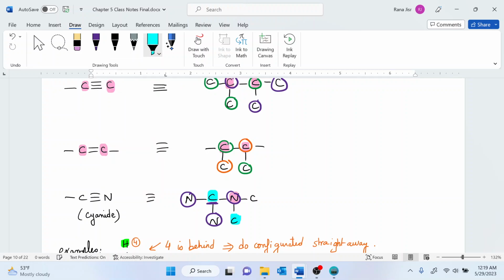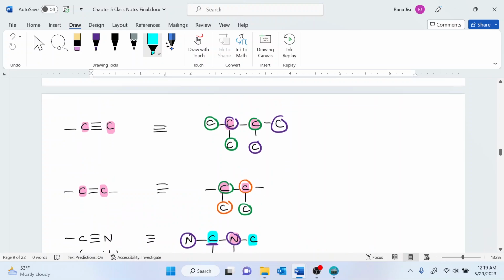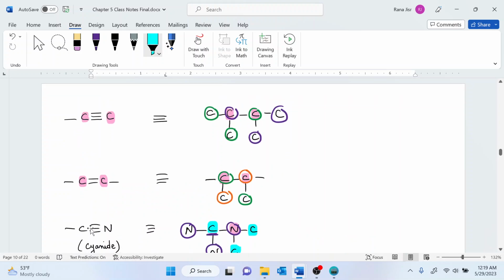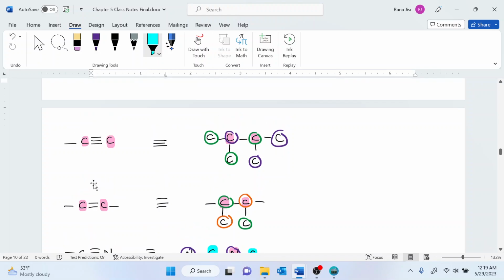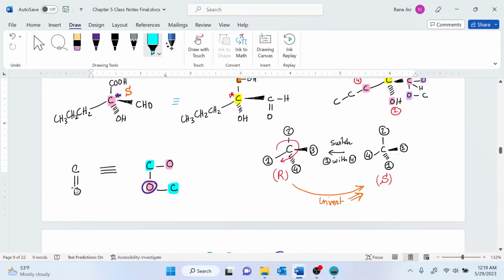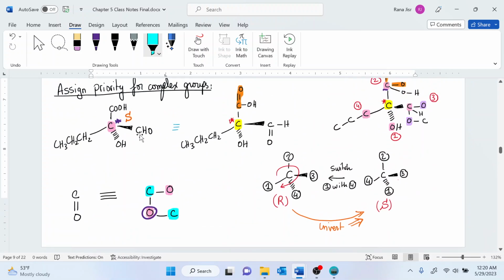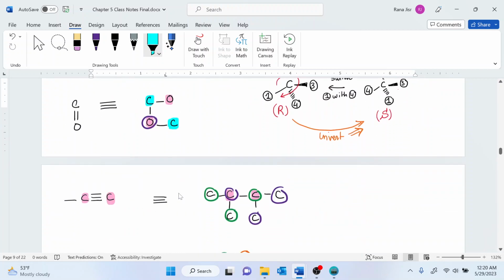This is 1, this is 2, and this is a 3. Those groups you are responsible to know. So you're responsible to know how to set the priority of triple bonds, whether it's an alkyne or a nitrile, for alkenes and for carbonyls, whether you're working with aldehydes, ketones, or carboxylic acids.